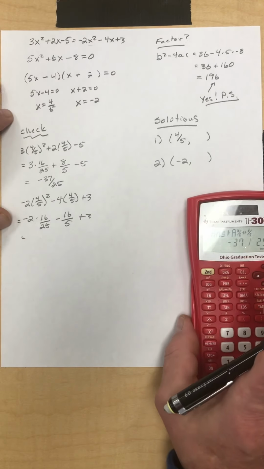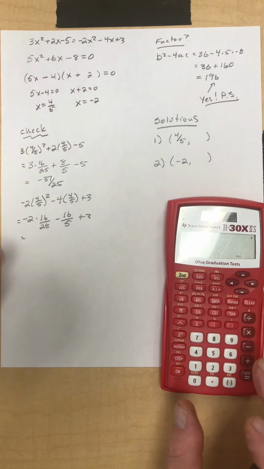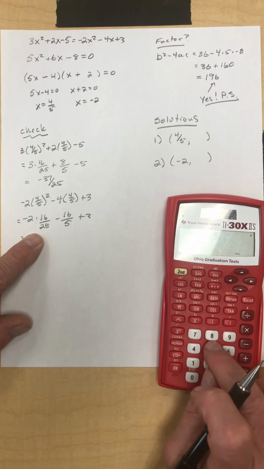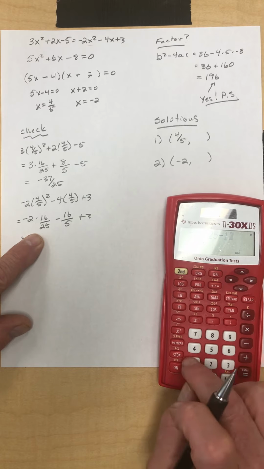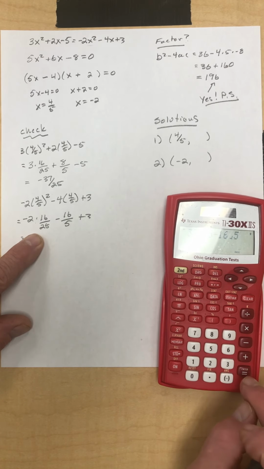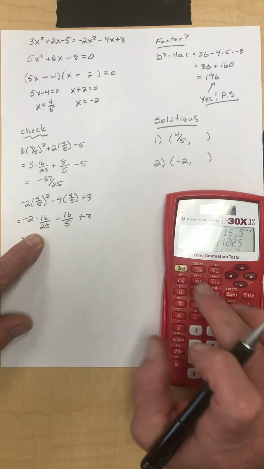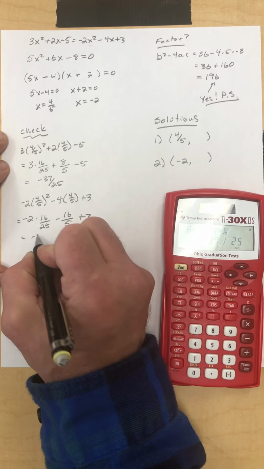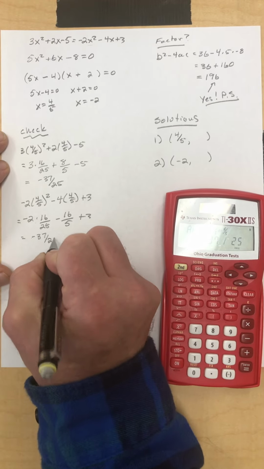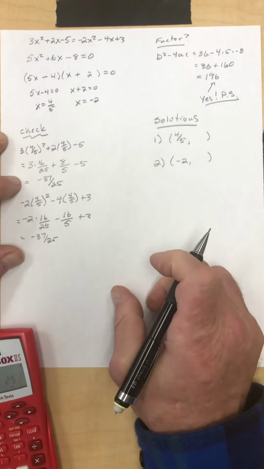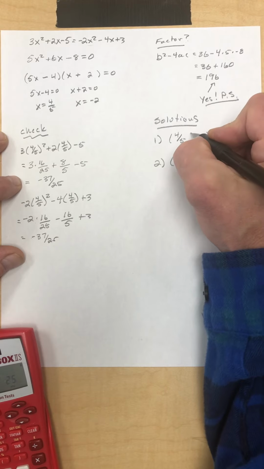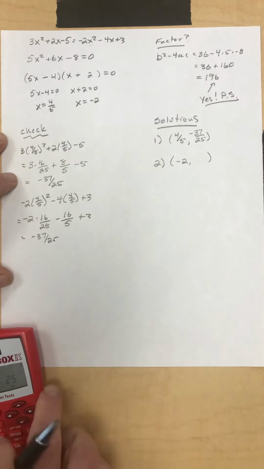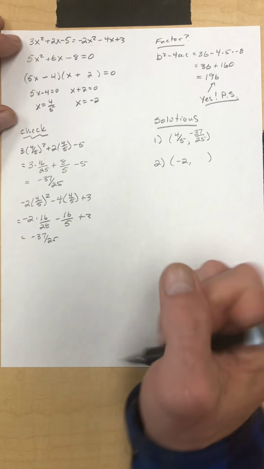That is going to be negative 32/25, minus 16/5 plus 3, and I am going to get negative 37/25. So obviously it works and gives me the exact same y coordinate, so I should feel pretty good about that: negative 37/25.